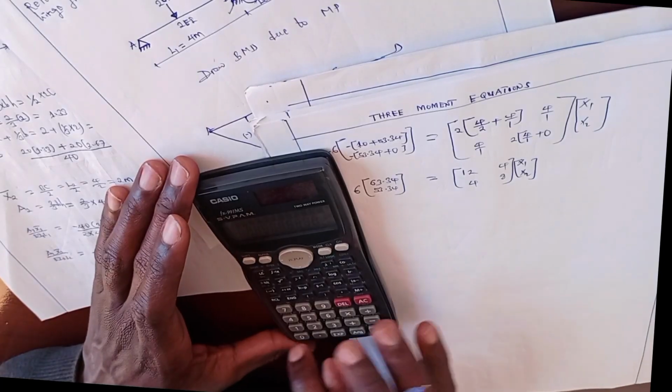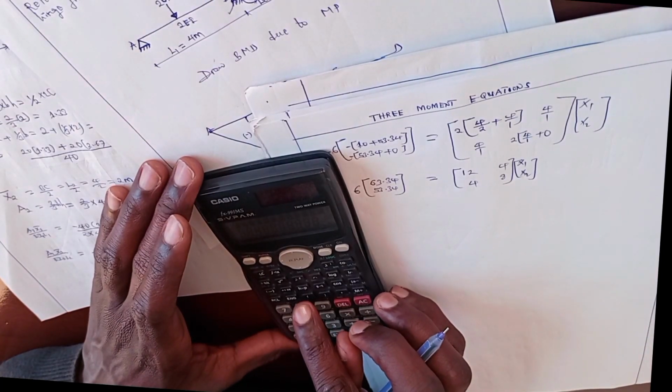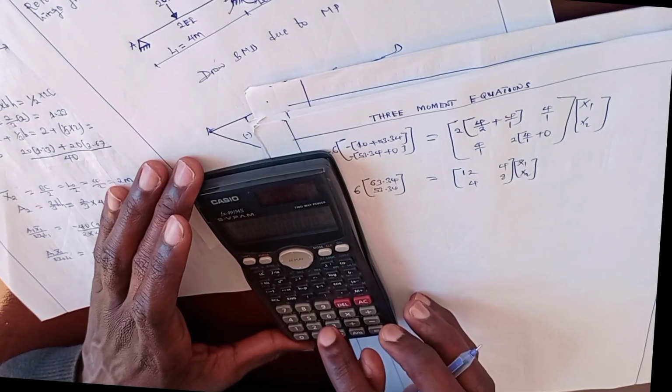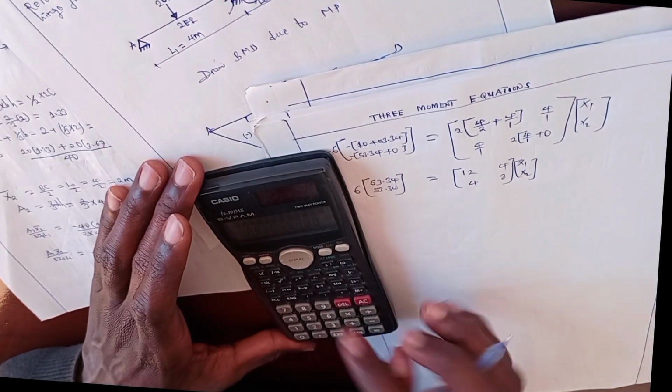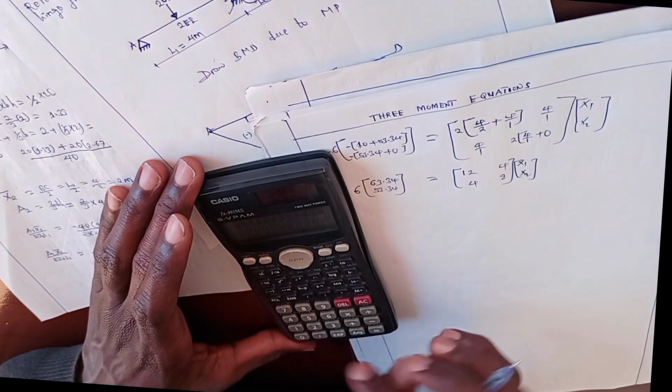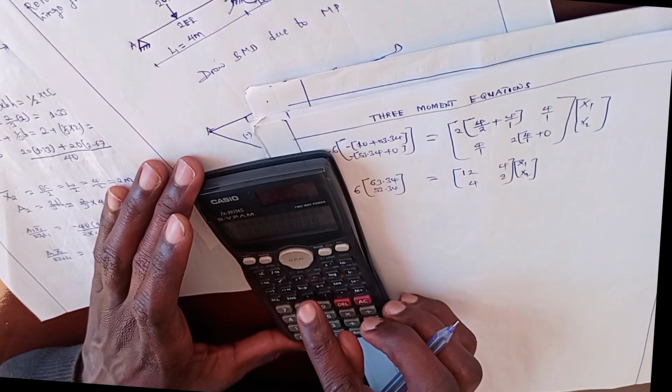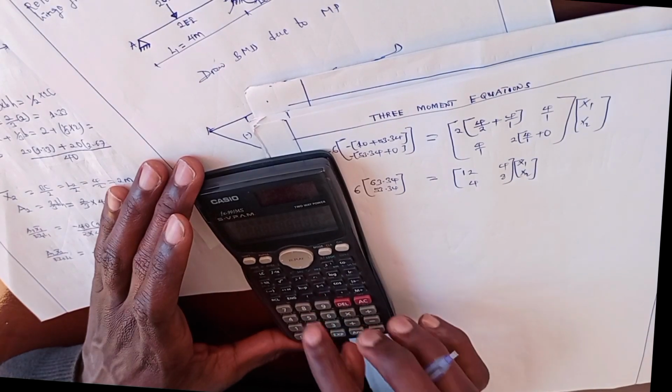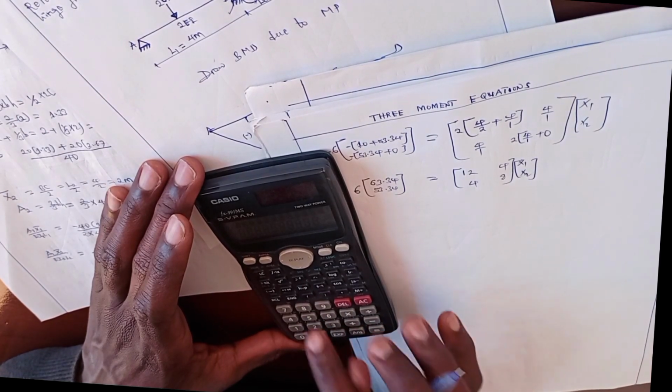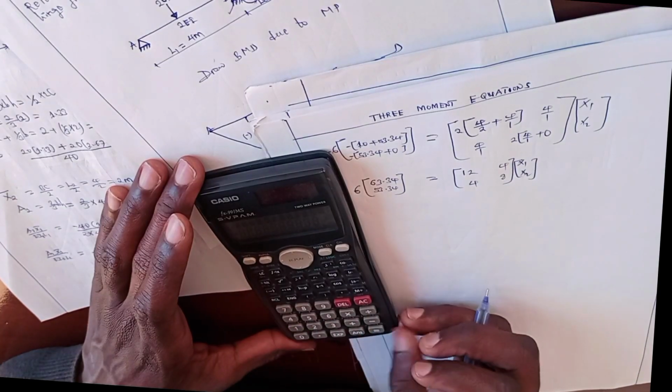12, 4, 6 times 63.34, it will be equal to 4, 8, 6 times 43.34.